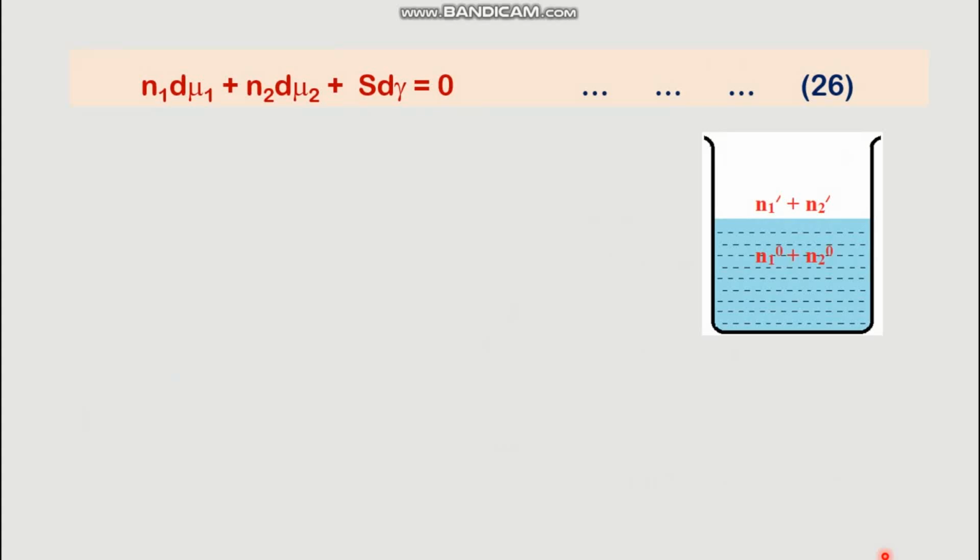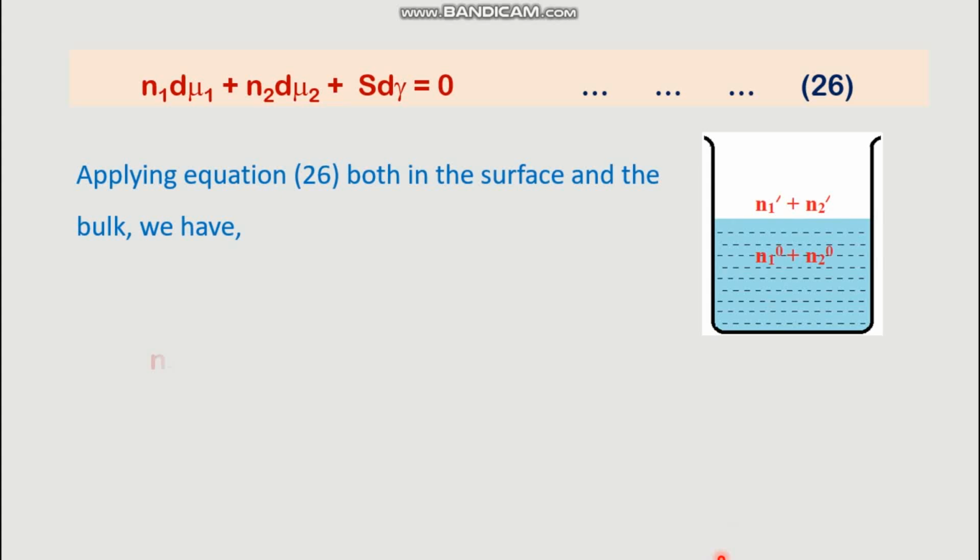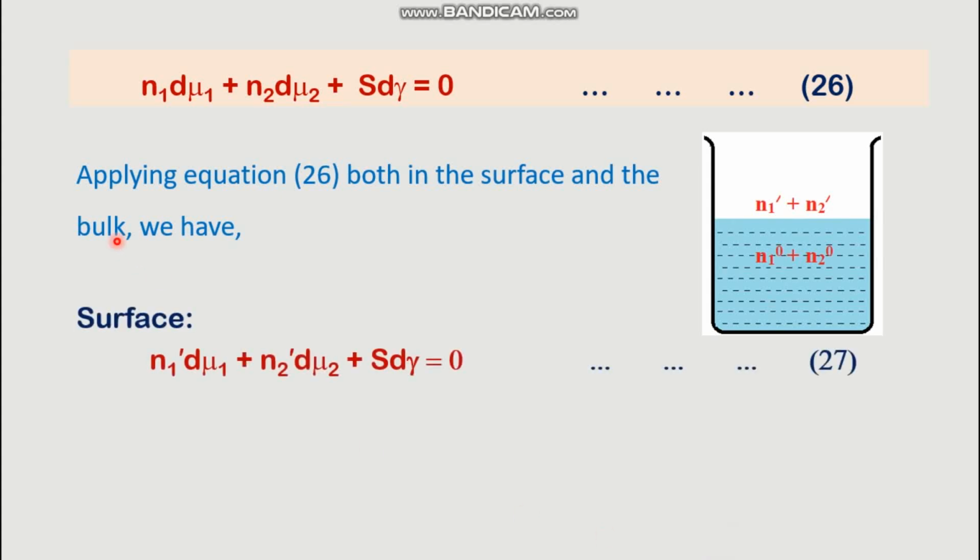Now we carry forward equation number 26 in the next slide. What is equation number 26? N1 d mu1 plus N2 d mu2 plus sd gamma equals 0. Now we have to apply this equation in the surface phase as well as in the bulk phase. So in the surface phase we have N1 prime and N2 prime, and in the bulk phase we have N10, N20. So we shall get two equations.